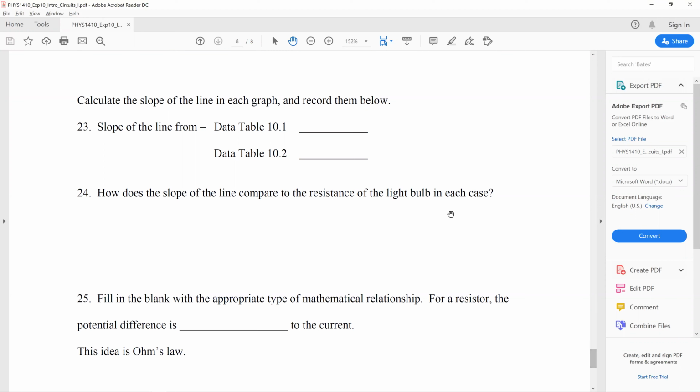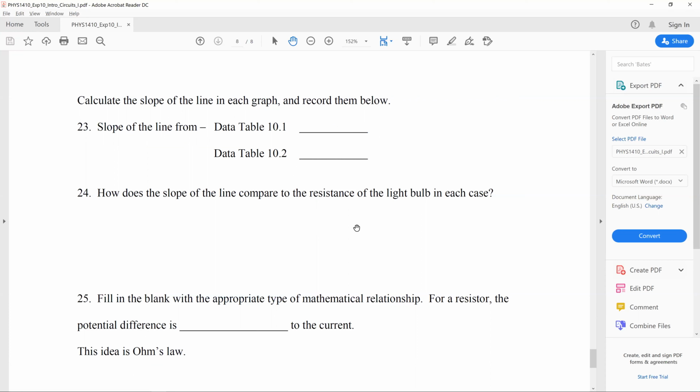So you'll take your first and last data point from each table and use that value to calculate the slope and put that in here. When you are calculating the slope, the voltage should be in the numerator and the current should be in the denominator. So you'll calculate both of these values.